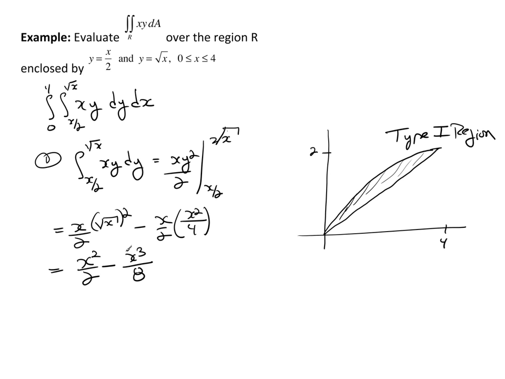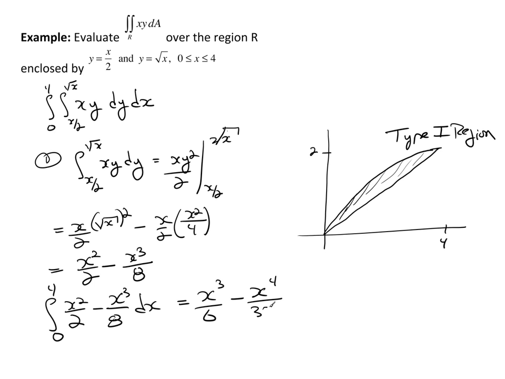Now I need to integrate this with respect to x. So I need the integral from 0 to 4 of x squared over 2 minus x cubed over 8 dx, which is x cubed over 6 minus x to the 4th over 32, evaluated from 0 to 4.